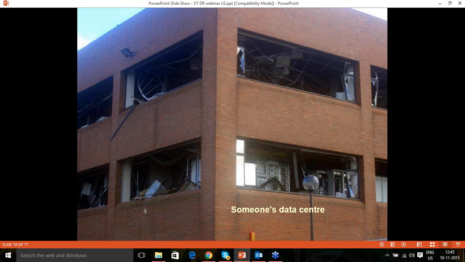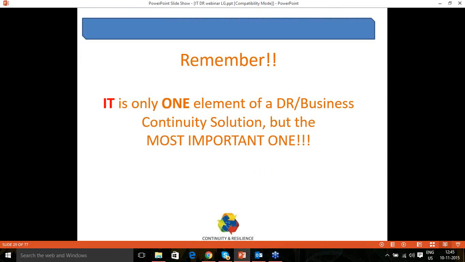So let us proactively have disaster recovery things in place. And today the topic is learning how to have effective ITDR. Again, a one-liner: IT is only one component of disaster recovery or business continuity, but it is the most important one.